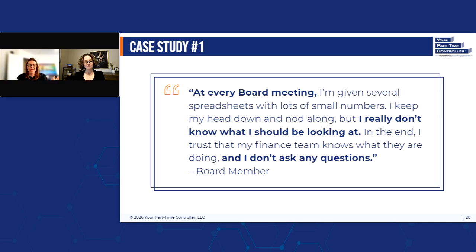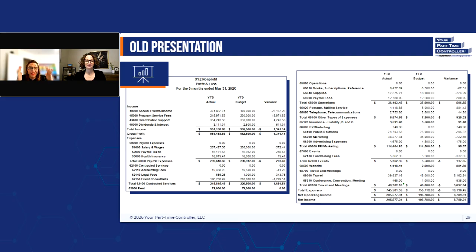In the end, I just trust that my finance team knows what they're doing, and I don't ask any questions. And I feel really uncomfortable with that. So let me show you what I'm talking about. Look at this. See what I mean? A bunch of tiny numbers. Good thing I recently got glasses. I can hardly see the numbers, much less understand what I'm supposed to focus on here.